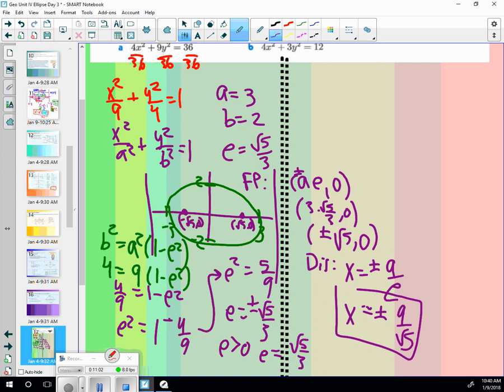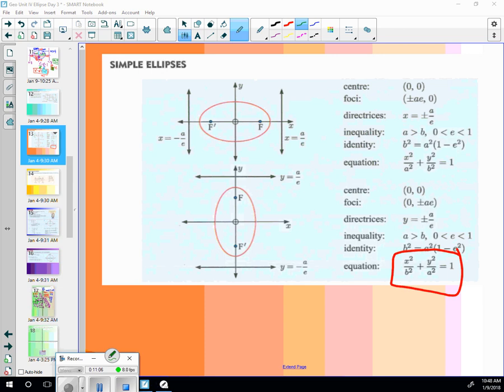Try B. I won't do that on the video. 2 quick things that are new. Again, if you have b greater than a, you switch: x squared over b squared plus y squared over a squared equals 1.